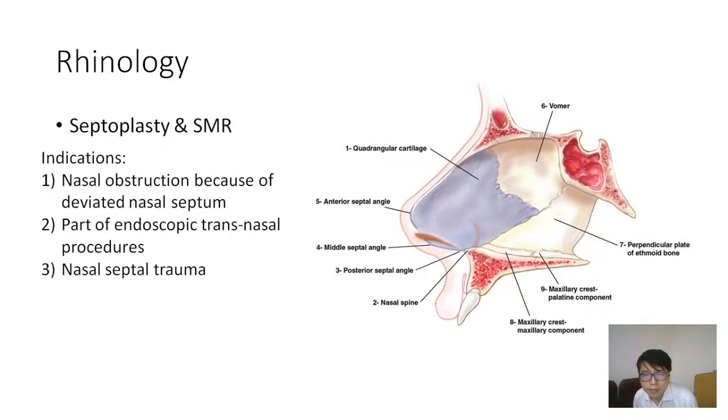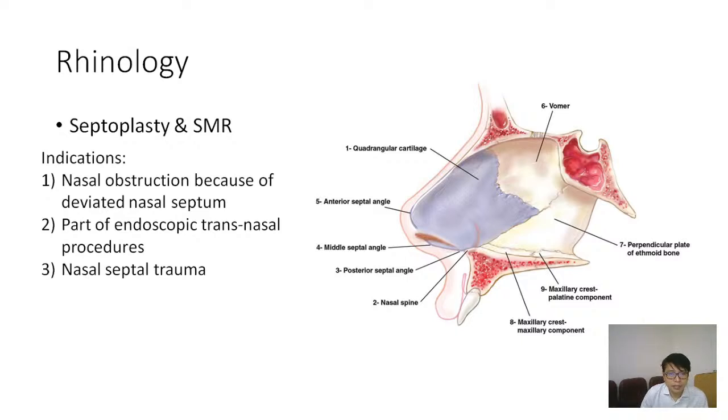After it, we'll come to another system, that is rhinology. There are different important or basic surgeries in rhinology. The first and foremost is what surgery we do for the nasal septum.